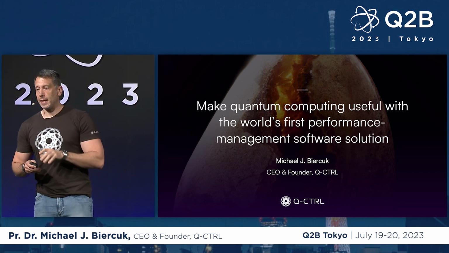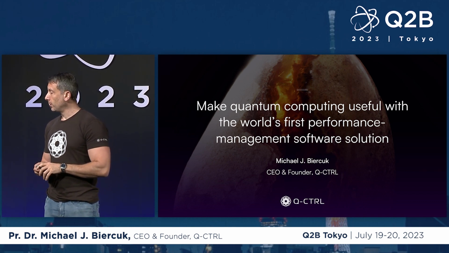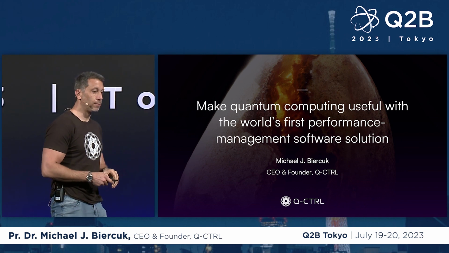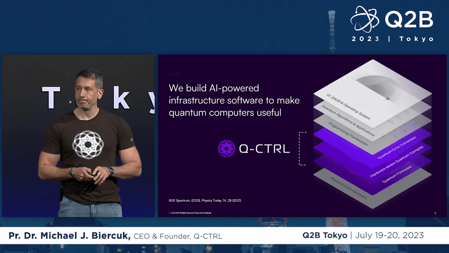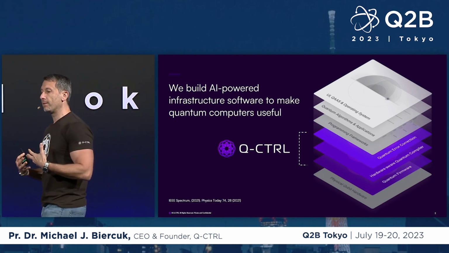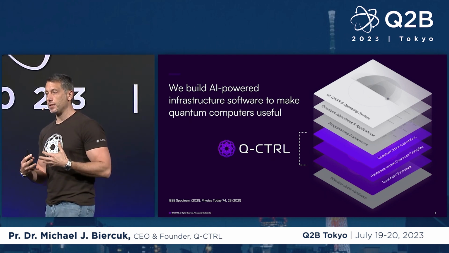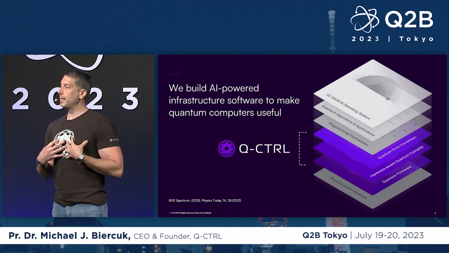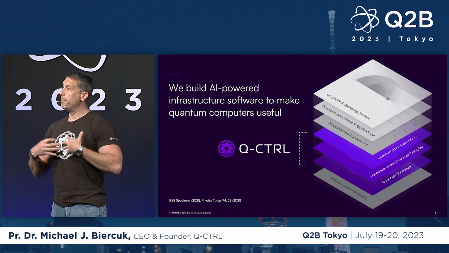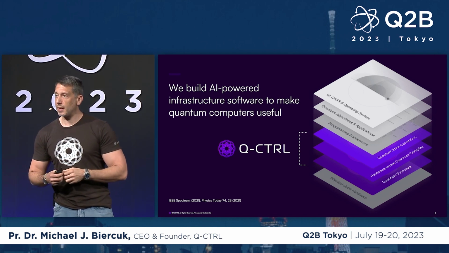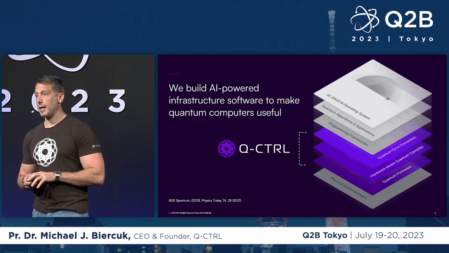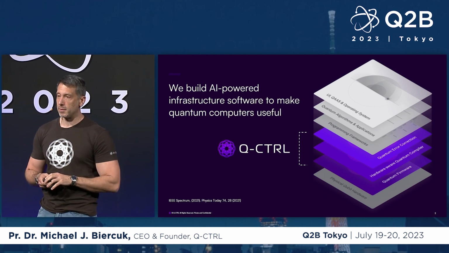And I'll tell you today about the work that we do at Q-CTRL on making quantum computing useful with the world's first performance management software solution. For those of you who are not familiar with Q-CTRL, we build AI-powered infrastructure software to make quantum computers useful. When I say AI, I don't mean a ChatGPT wrapper. I really mean building new algorithms and agents to solve some of the fundamental problems that we've heard about today, problems of error and hardware instability.